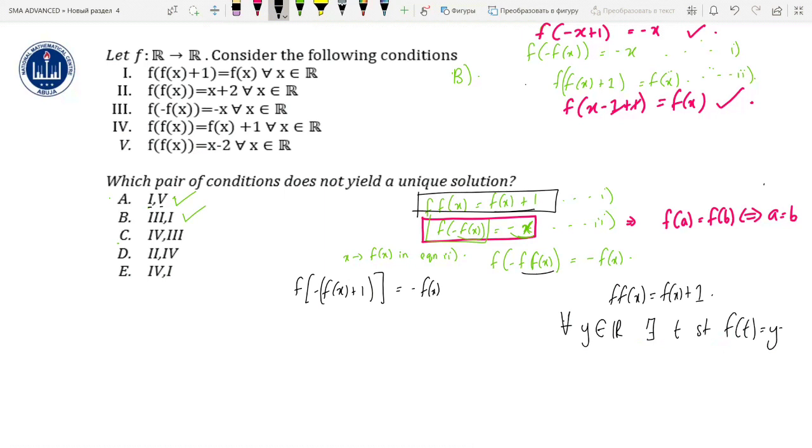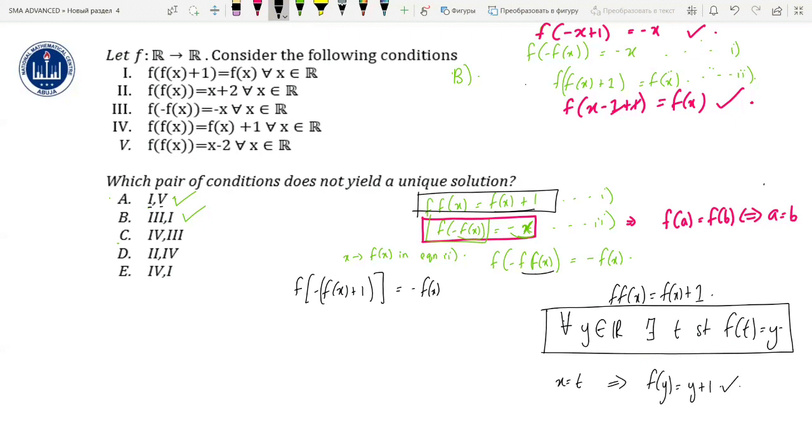So y is general and t is also general, but it depends on y. This statement is true because the function is surjective. So we now set x to be equal to t. When I set x to be equal to t, what do we get? We get that f of y is equal to y plus 1.